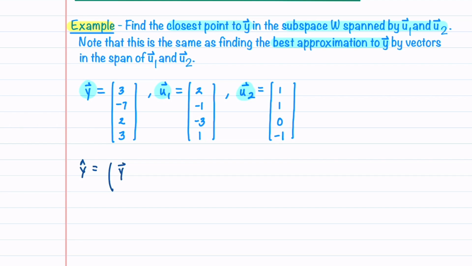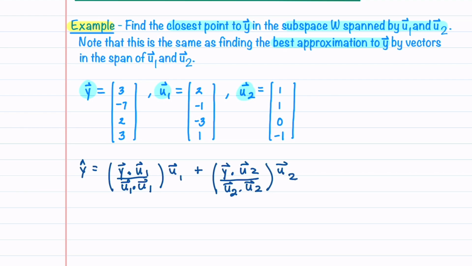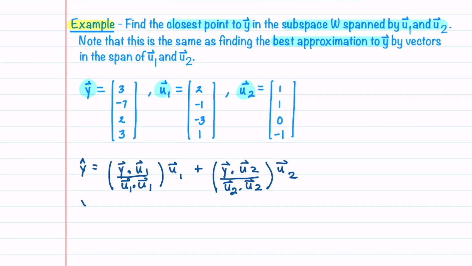You take y and dot it with u1, and divide that by u1 dot u1, times vector u1, plus y dotted with u2 over u2 dotted with u2, times u2.